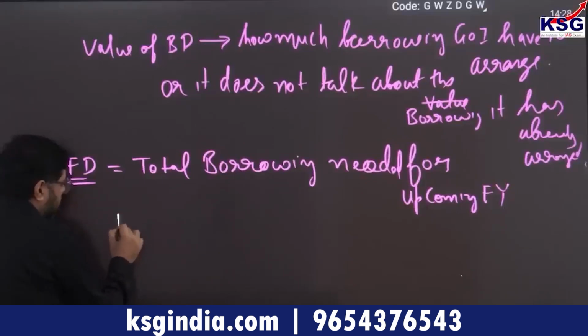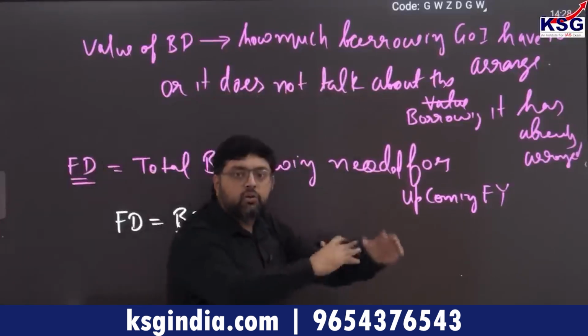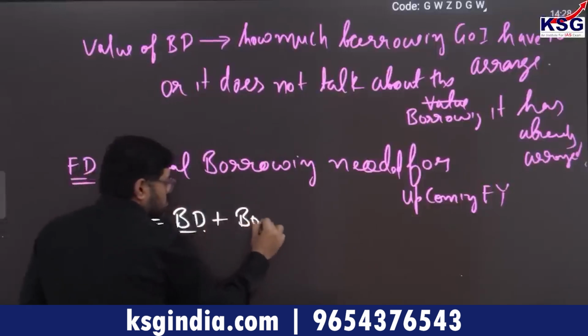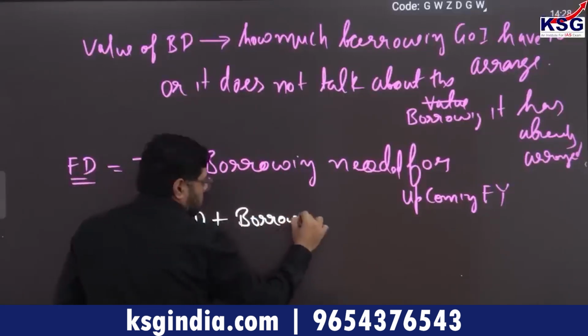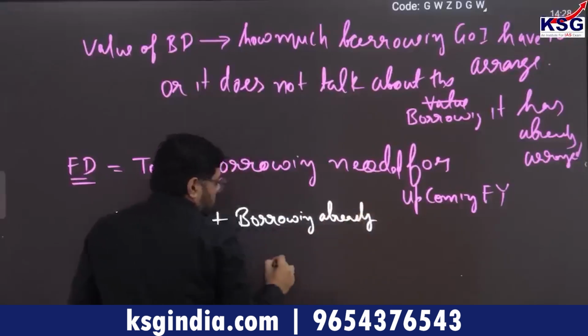If you see, FD is equal to BD. So BD talks about what? The amount of borrowing that you have to arrange, plus borrowing already arranged or already taken.